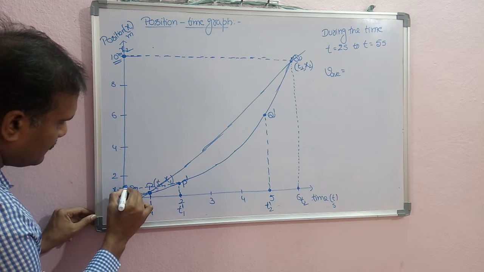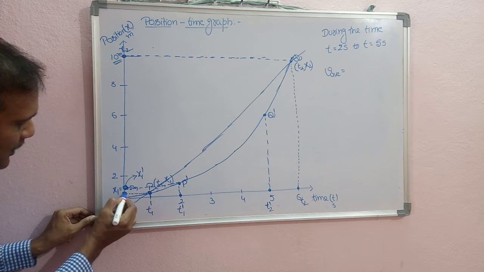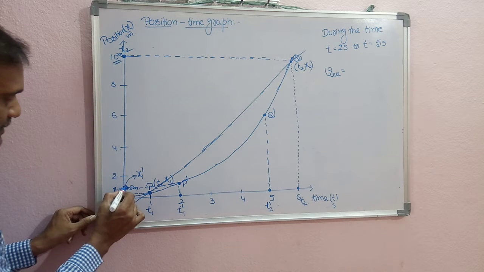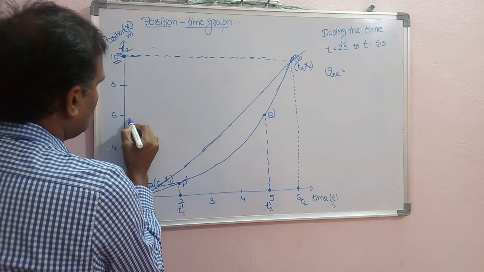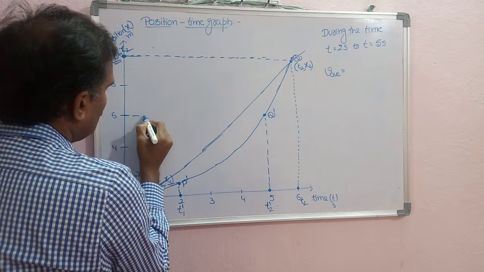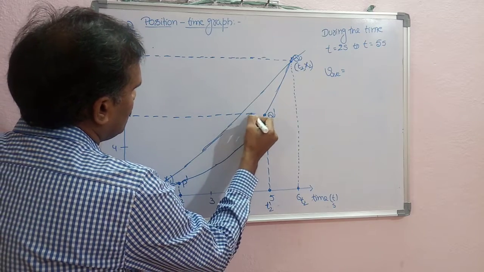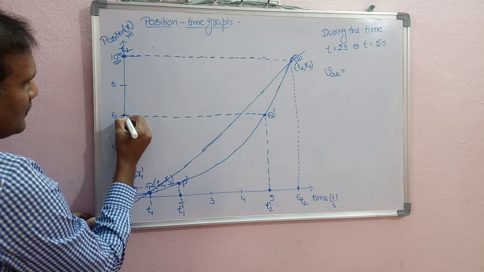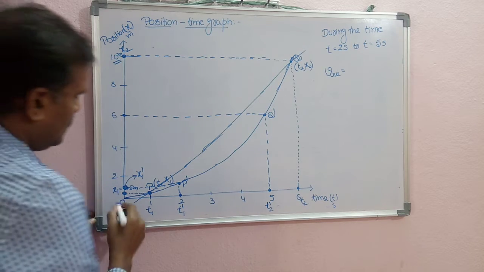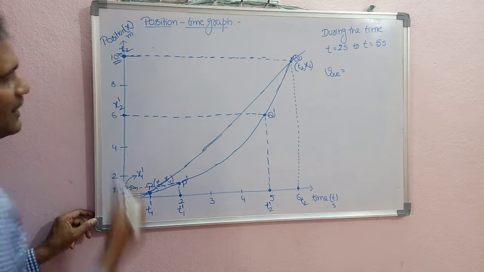Let us assume this point as x1 dash. This point is x1. This point is taken as x1 dash. Corresponding to Q dash, we can draw a line onto the position axis. Okay. This point is taken as x2 dash.